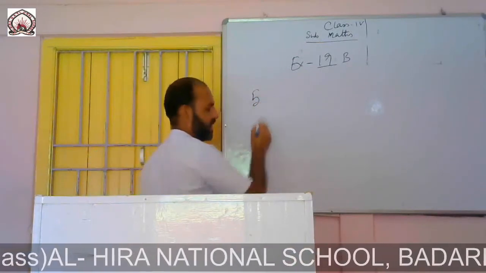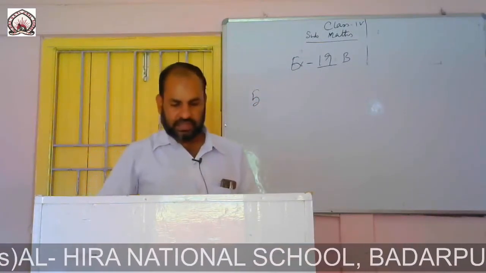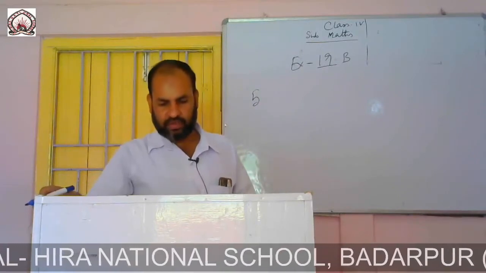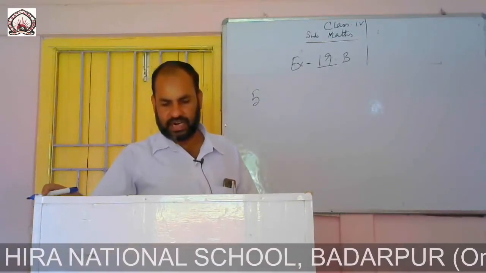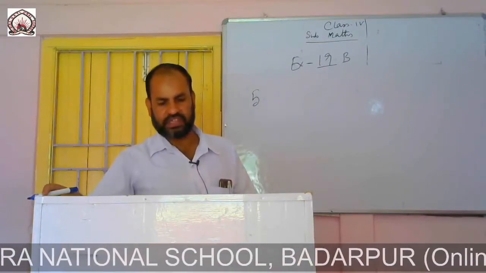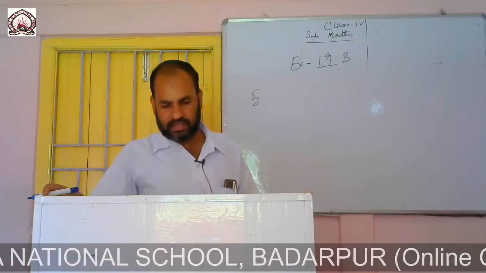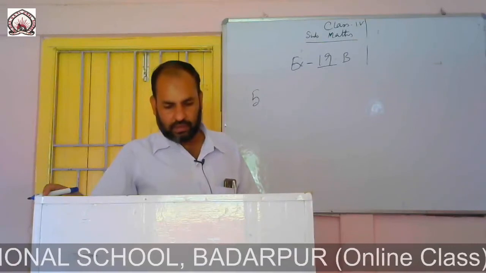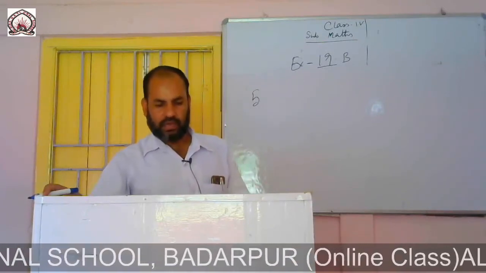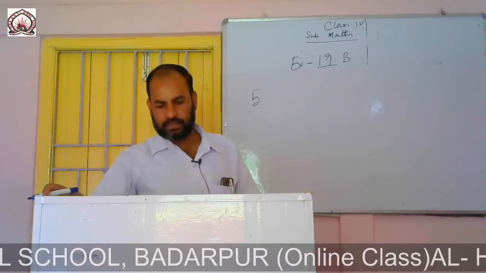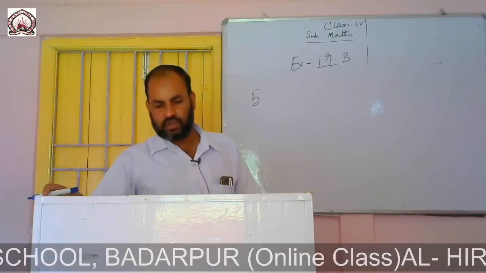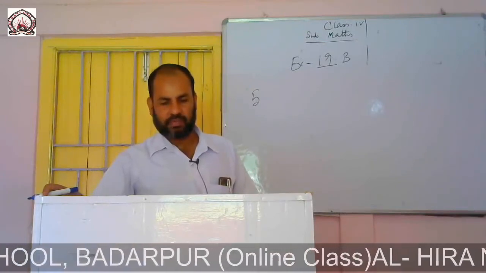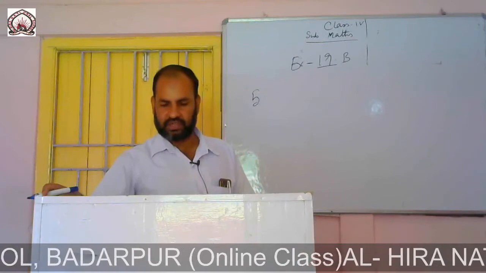Question number 5. Each side of a square piece of a cardboard is 40 centimeter. What is the area of the cardboard and how many square pieces of side 2 centimeter can be cut out of it?